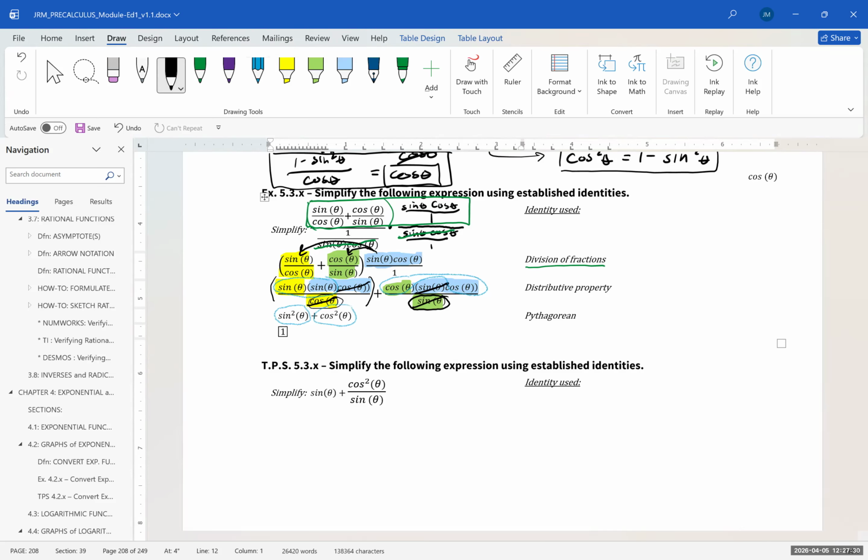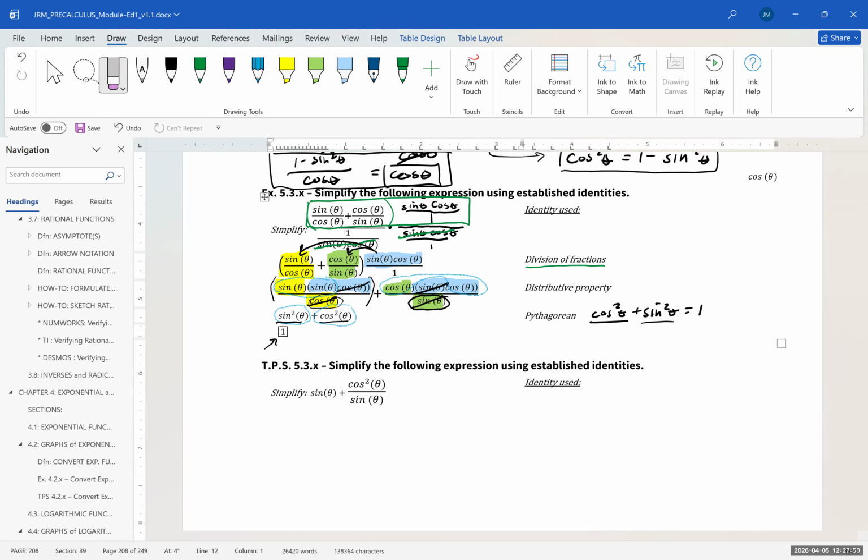And you remember our Pythagorean identity? Cosine squared theta plus sine squared theta equals 1. Well, sine squared theta plus cosine squared theta equals 1.